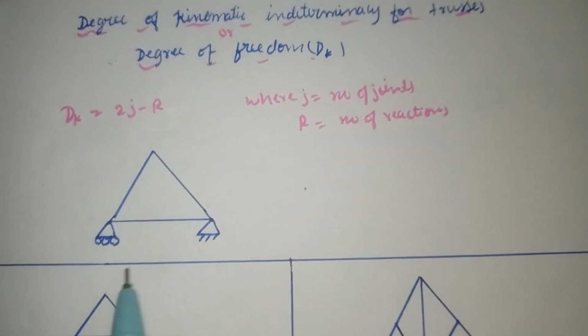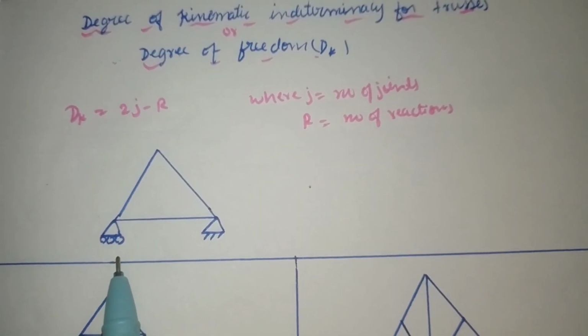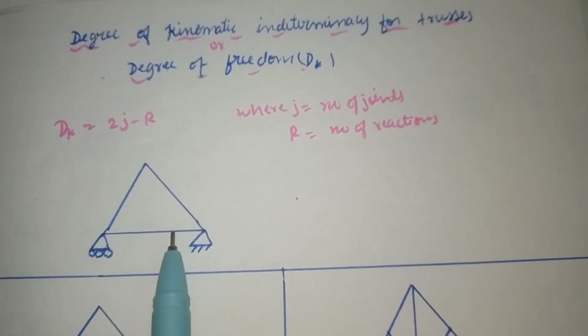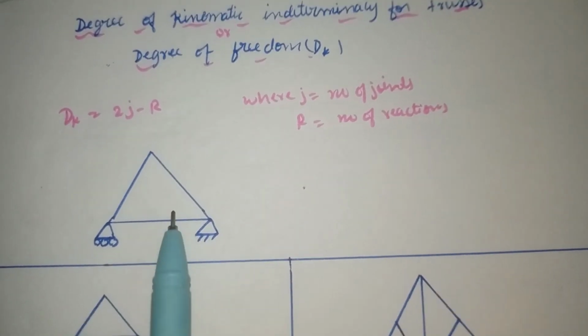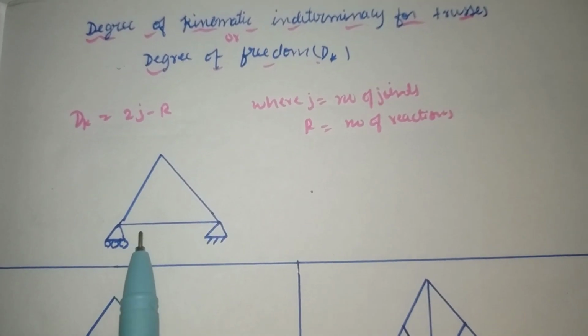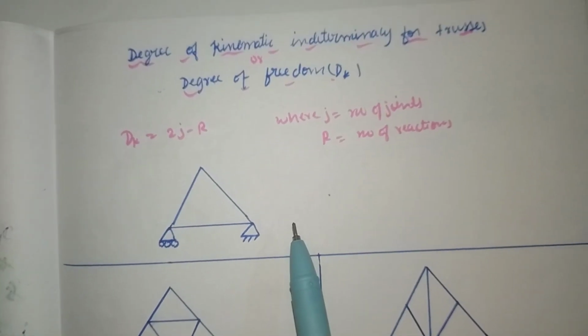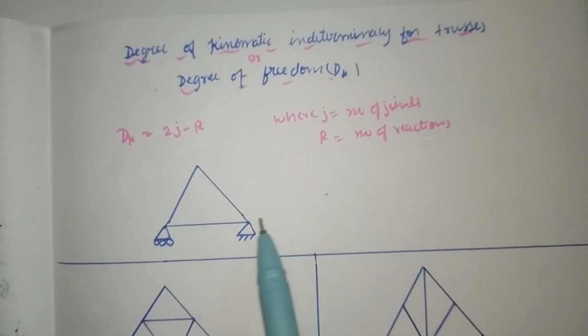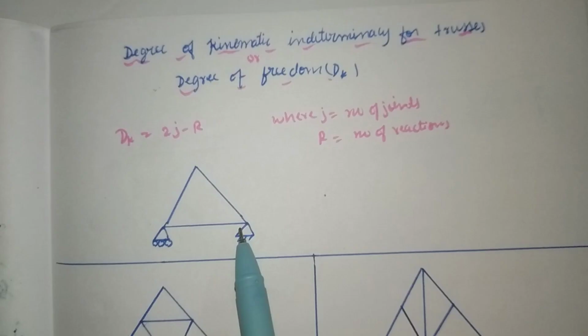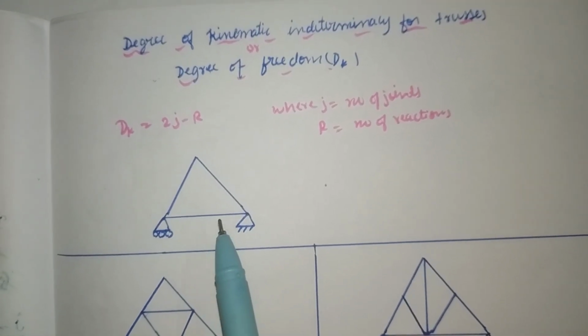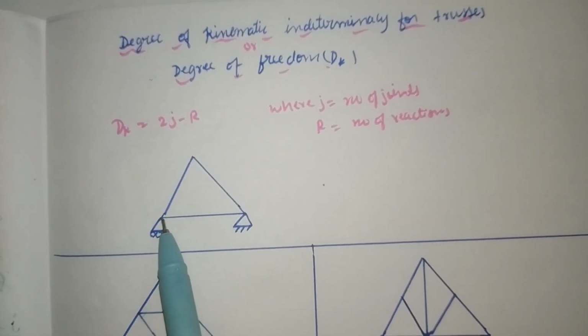If you remember, to solve the trusses at any joint, there are always two equations to solve any joint.